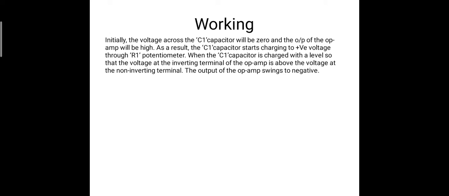Initially, the voltage across the C1 capacitor will be 0 and the output of the op amp will be high. As we give the supply, the output will be high. As a result, the C1 capacitor charges to positive voltage through the R1 potentiometer. When the C1 capacitor is charged to a level so that the voltage at the inverting terminal of the op amp is above the voltage at the non-inverting terminal, the output of the op amp swings to negative.